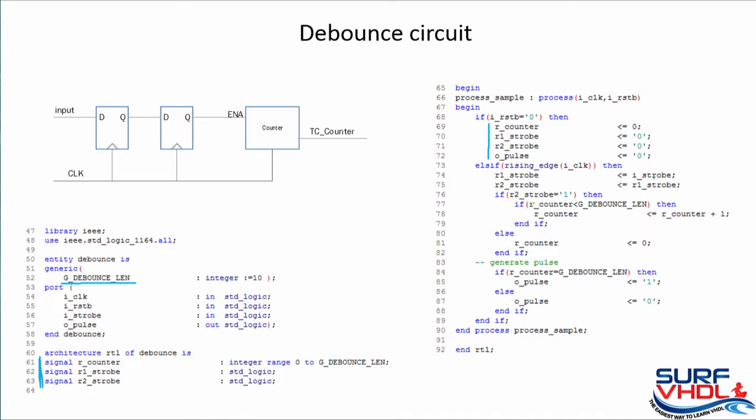If the strobe goes low, the counter is reset. So, with this logic, we filter all the pulses less than the bounce length. When the counter reaches the bounce length, we generate an output equal to 1.